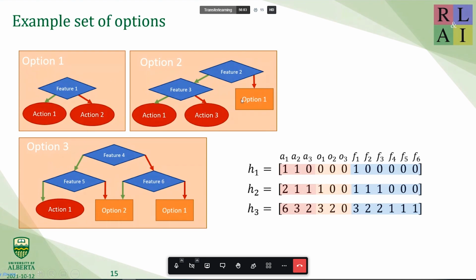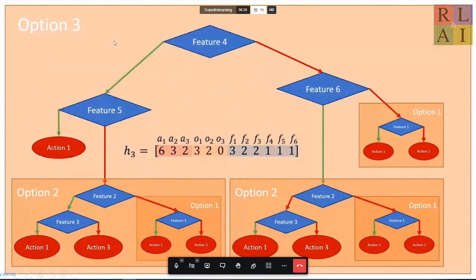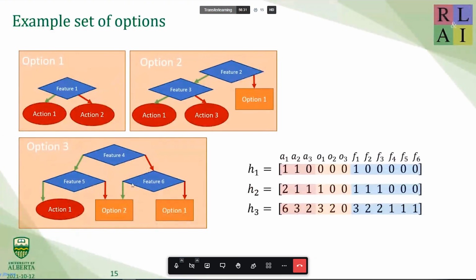Same thing for option 2, but you have to unroll. You have to use option 1, and in option 1 you have this graph 2. So you just count everything that you see, plus you add everything that is in the previous graph. And the same thing for option 3. Option 3 is a bit bigger, but if you want to look at what option 3 is in total, it looks like this, and it is way more complex to look at than this.